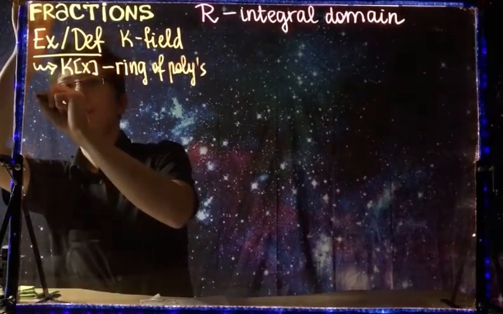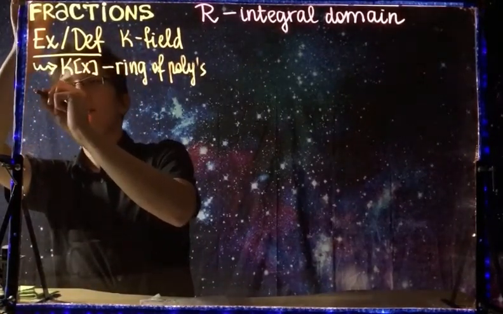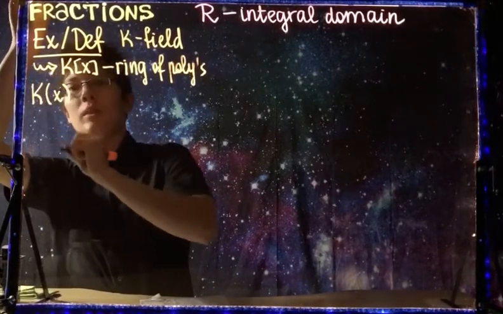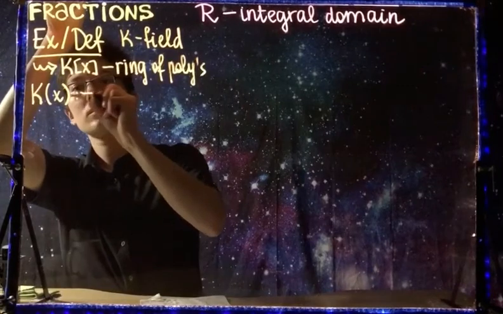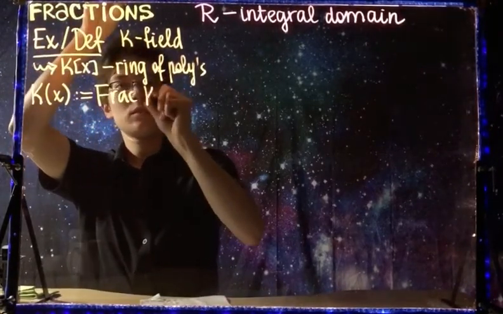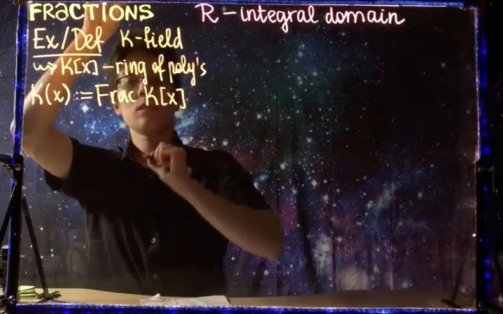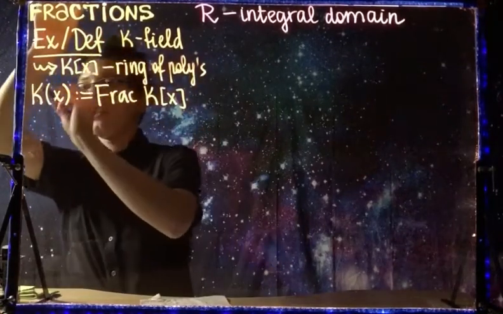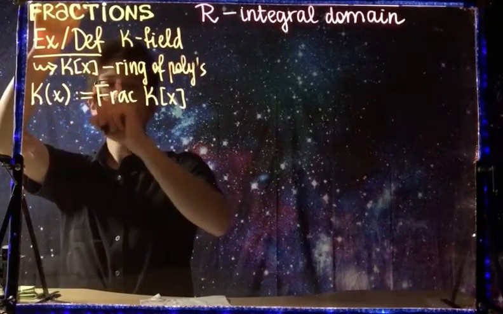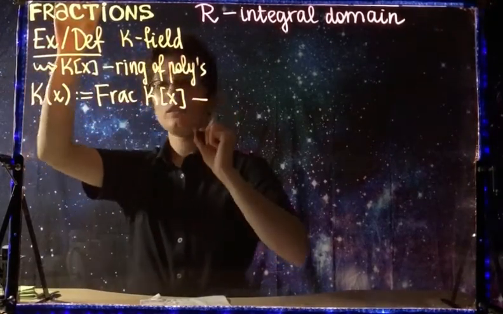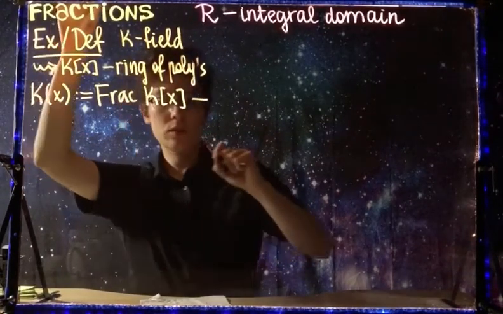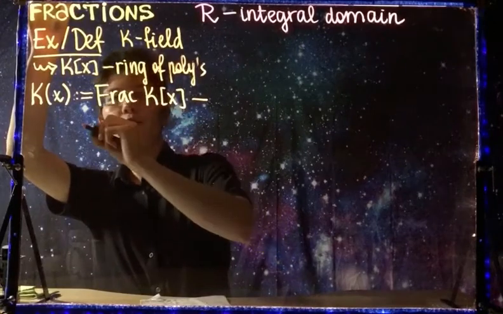And further, we define its field of fractions, denoted by K parenthesis X. We introduce the field of fractions of the polynomials, and this field is called the field of rational functions.